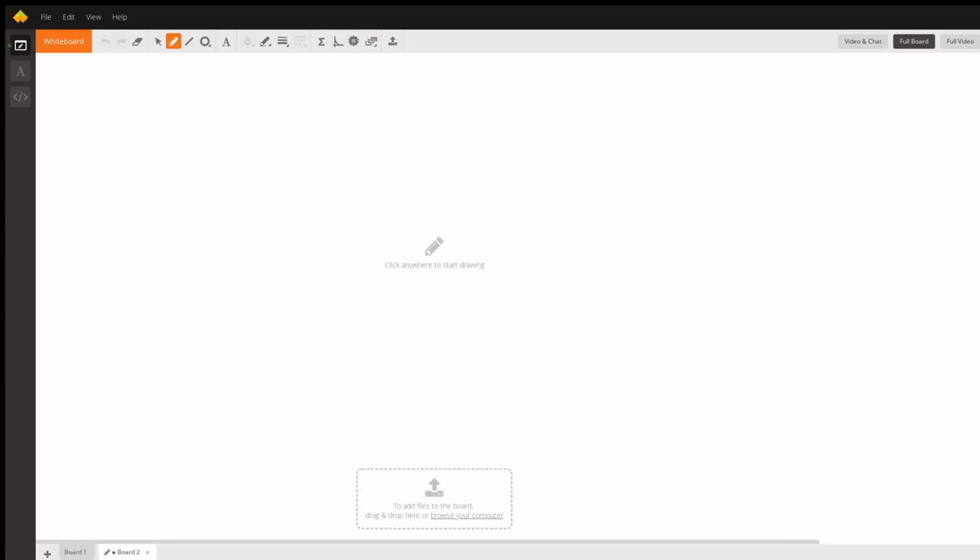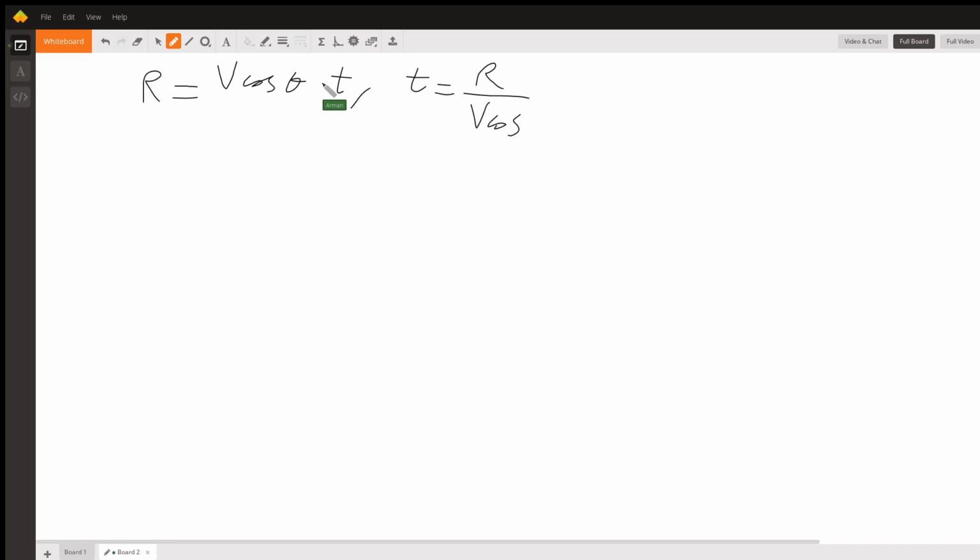Since there's no acceleration in the horizontal direction, the range is going to be horizontal velocity, so V cosine theta, times time. So t equals R over V cosine theta.